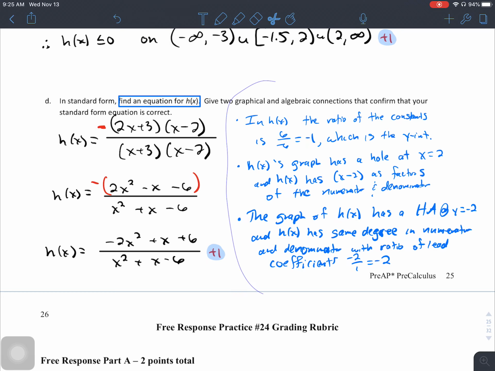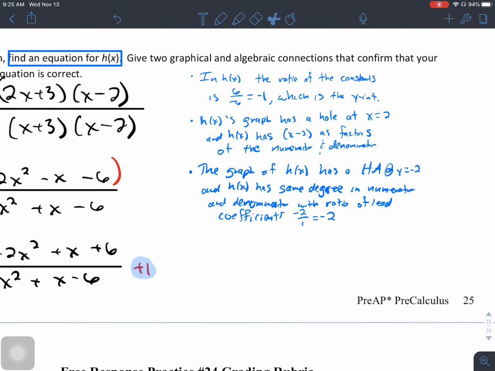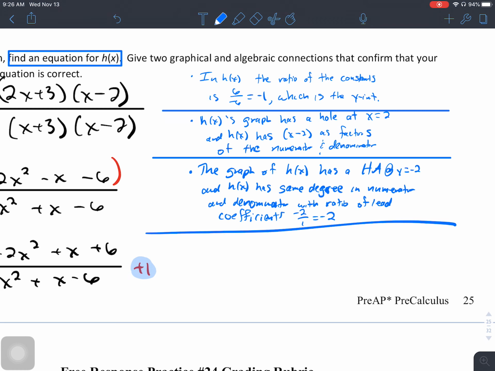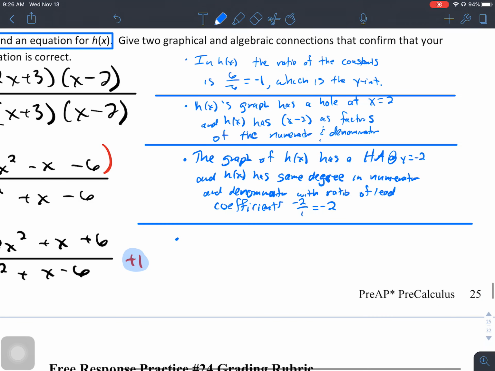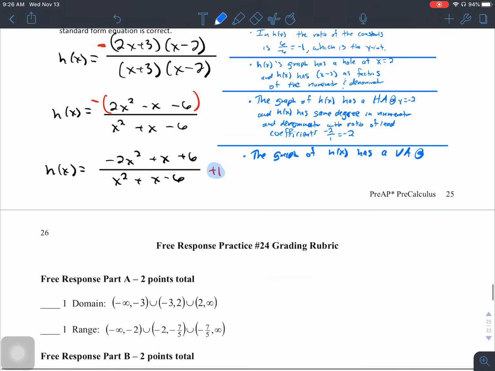So what are we missing? I didn't address the vertical asymptote. I didn't address the x-intercept. The graph of h of x has a vertical asymptote at, where was it? X equals negative 3.